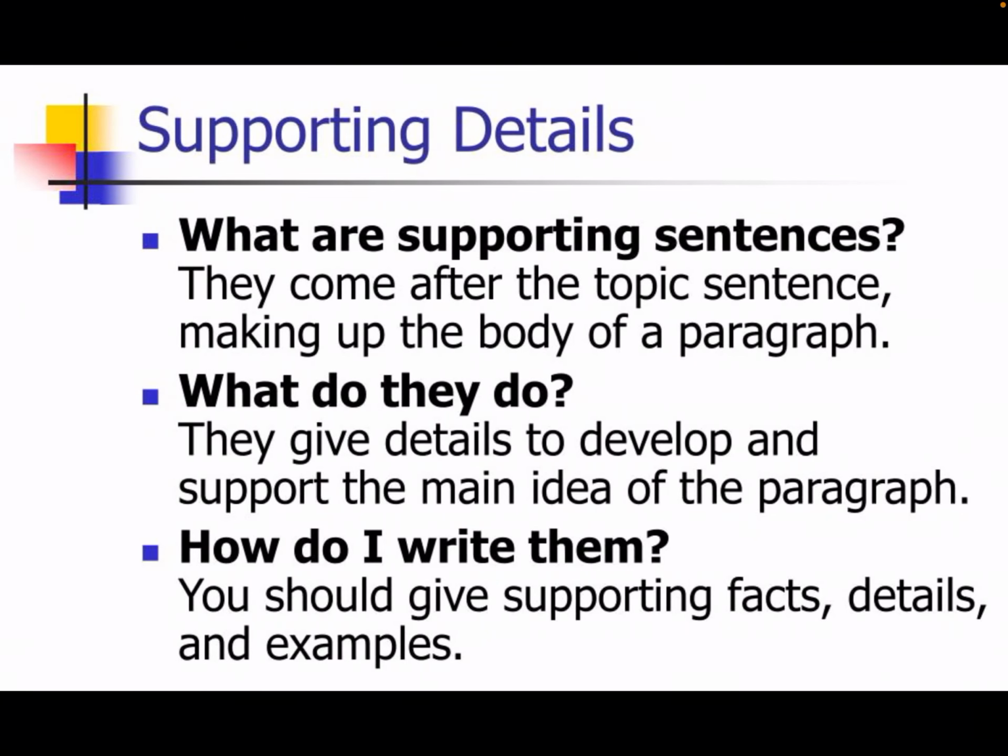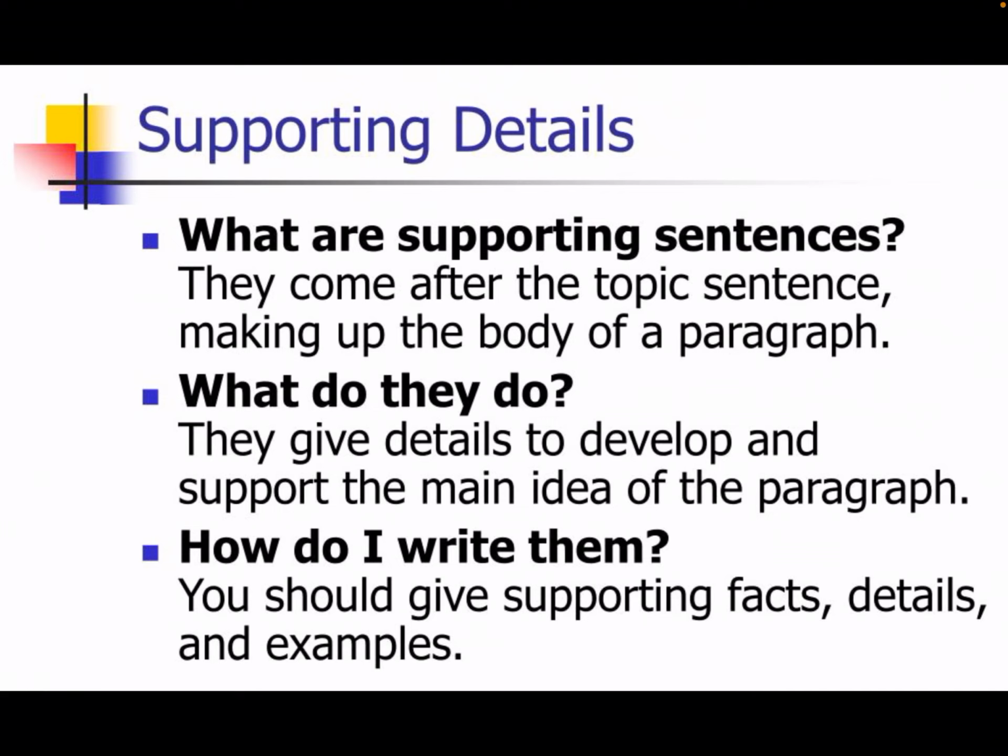Here we have, what are the supportive sentences that I was just talking about? Well, they come after the topic sentence, making up the body of a paragraph. And what do supportive sentences do? Well, like I said, they give details to develop and support the main idea of a paragraph. Again, what are supportive sentences?